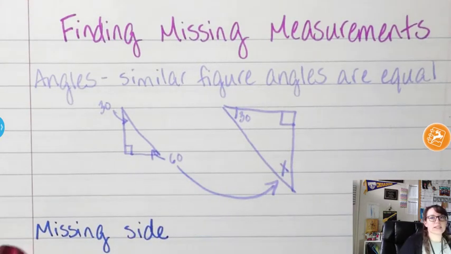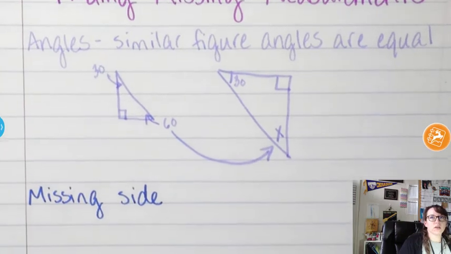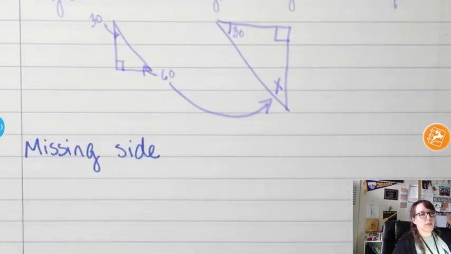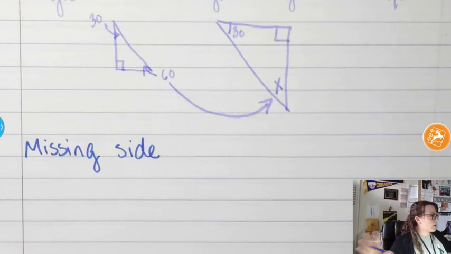So yesterday, to test similarity, we picked a side and its partner, picked a side and its partner, and cross-multiplied.